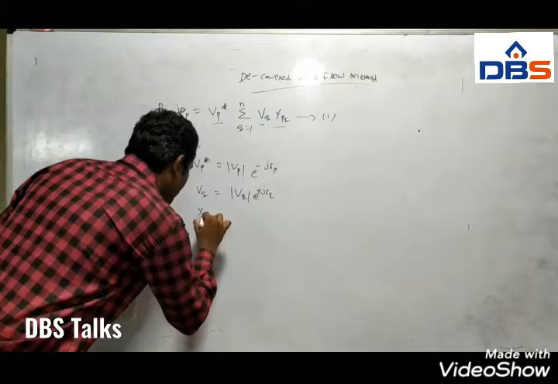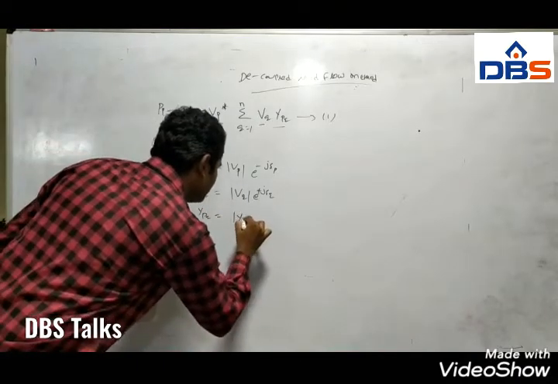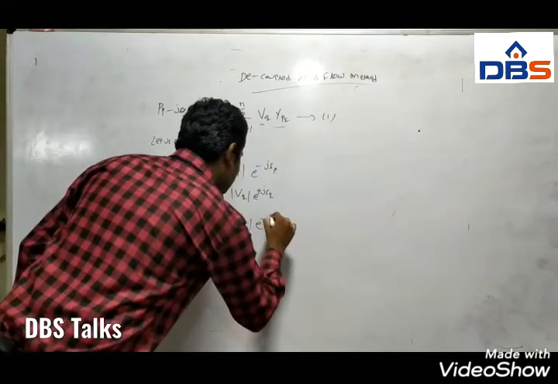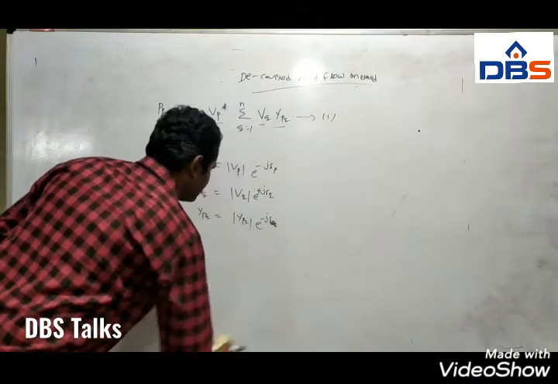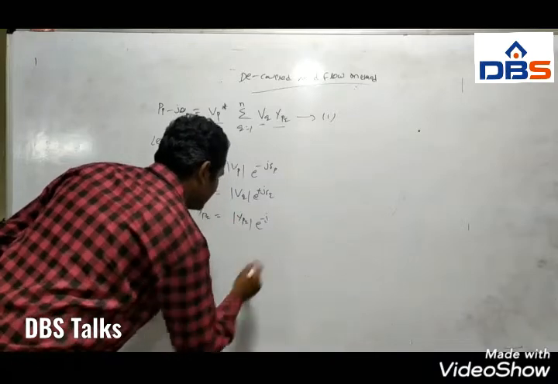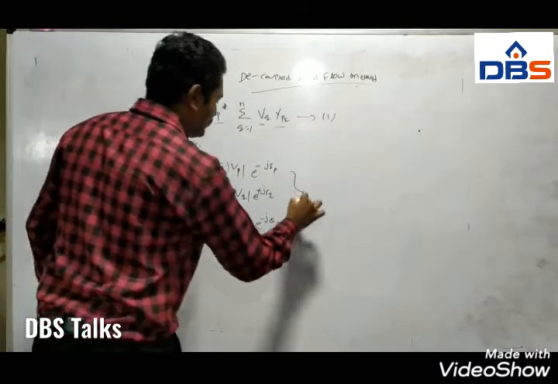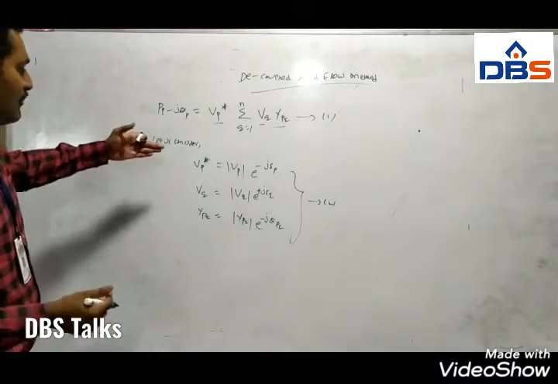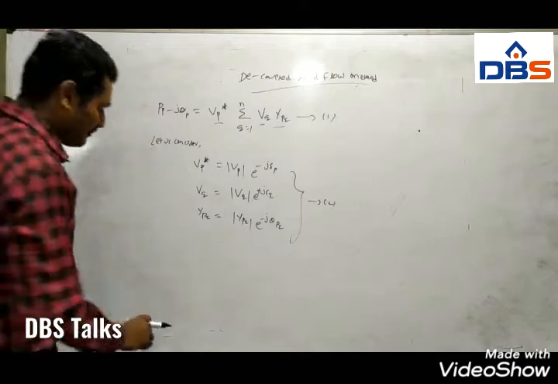Similarly, Ypq is equal to mod Ypq e power minus j theta pq. Treat these conditions as the second equation. Now we are substituting these conditions into the first equation.